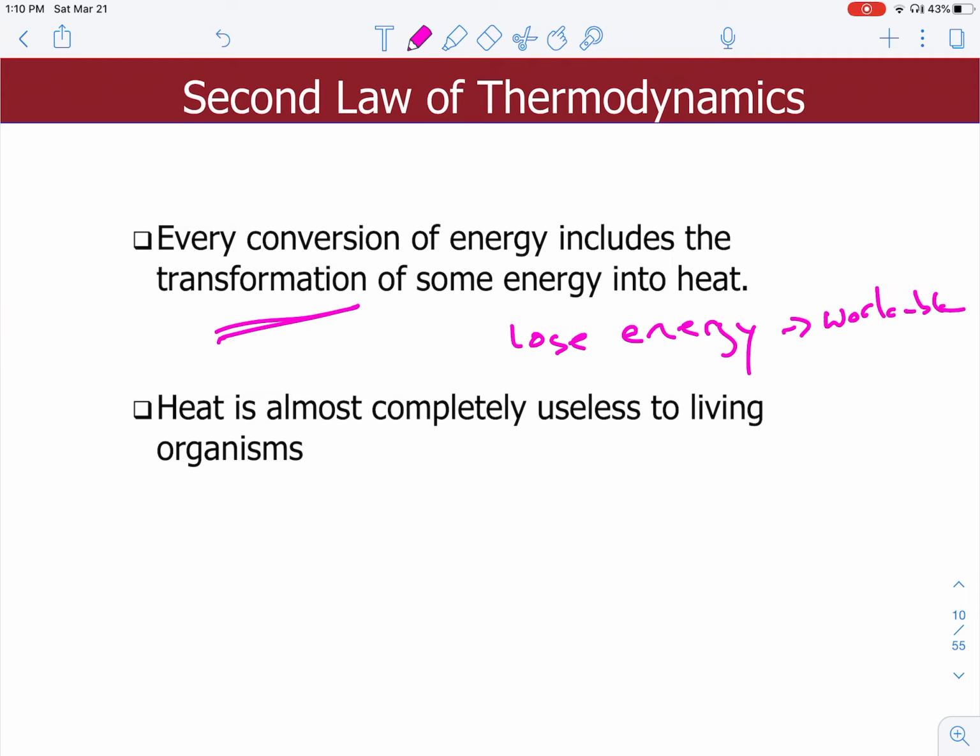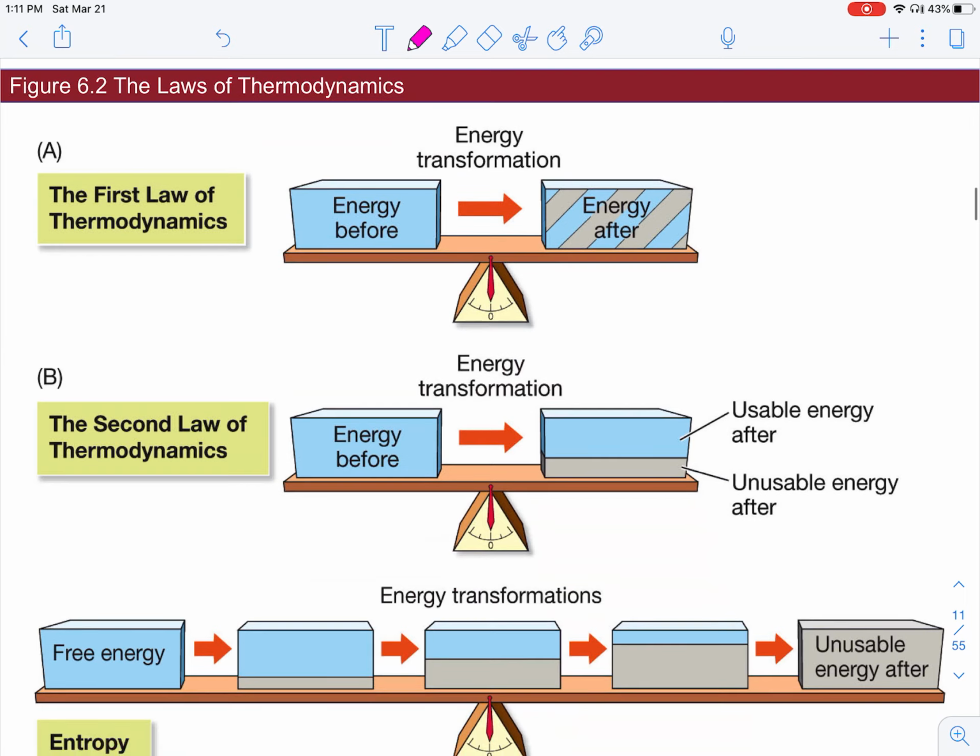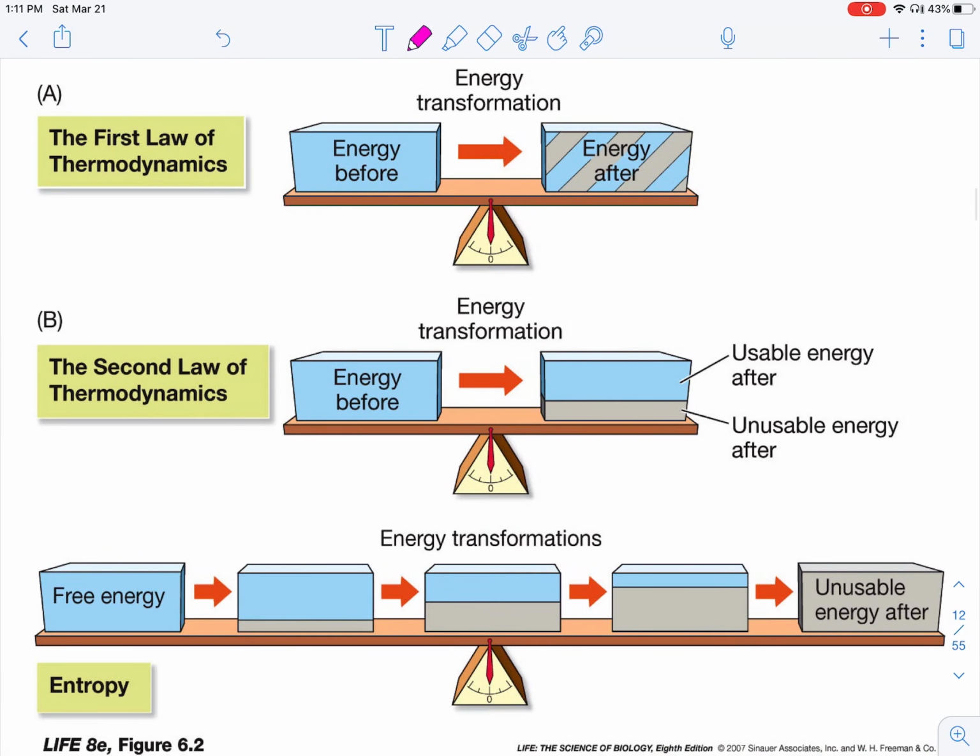In biological systems, we lose that energy as heat, and this is something that we can't use to do work. And so that's summarized here, the two laws of thermodynamics.